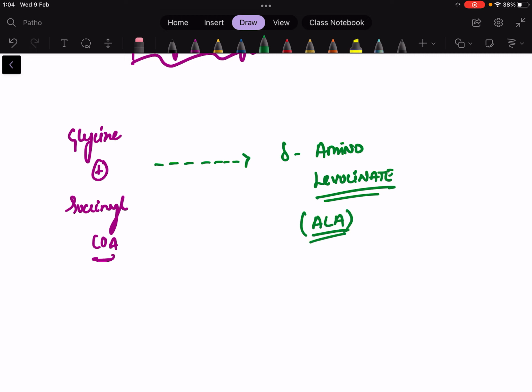Now what is the enzyme here which is converting the glycine or succinyl CoA into aminolevulinate or ALA? The name is very simple. The answer is ALA synthase.